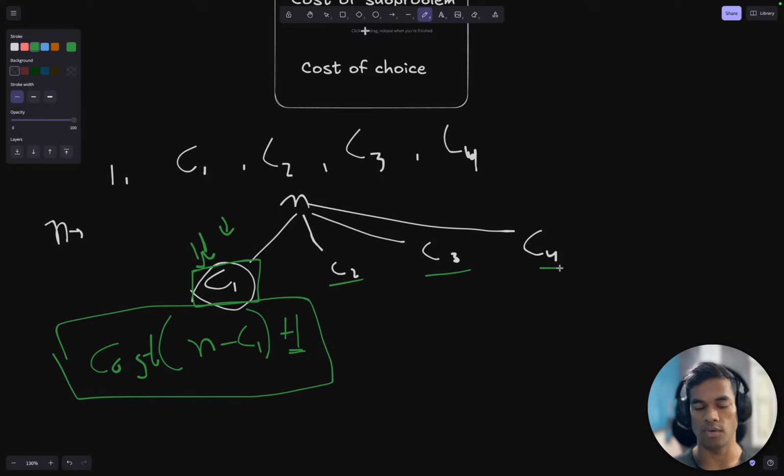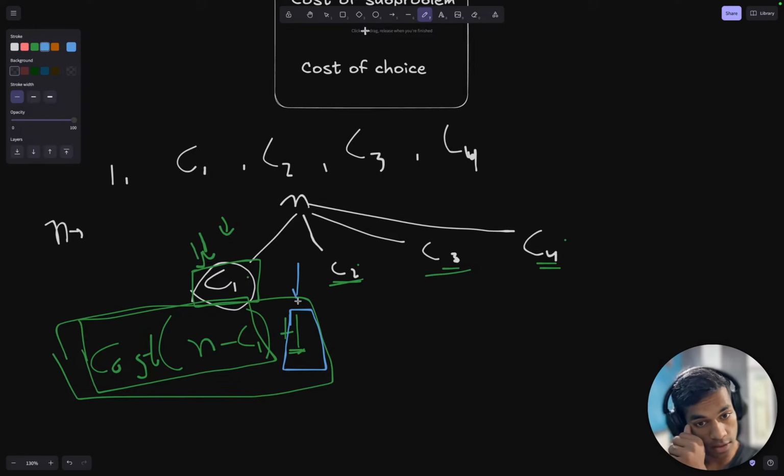In this example, the internal cost for getting to a smaller sum is going to be different for each of these coins, but the cost attributed to the fact that we are making a choice is going to be the same, because whenever we make any of these choices, we are using only one coin.